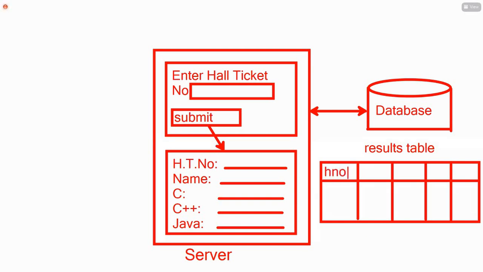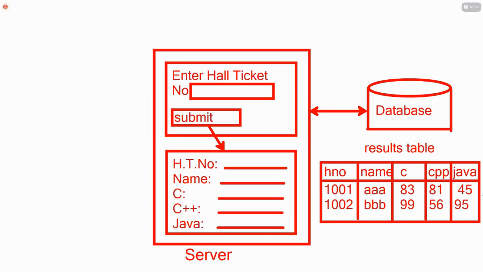Now, suppose your hall ticket number is 1001, then name of the candidate and marks of the candidate. Like this we have.